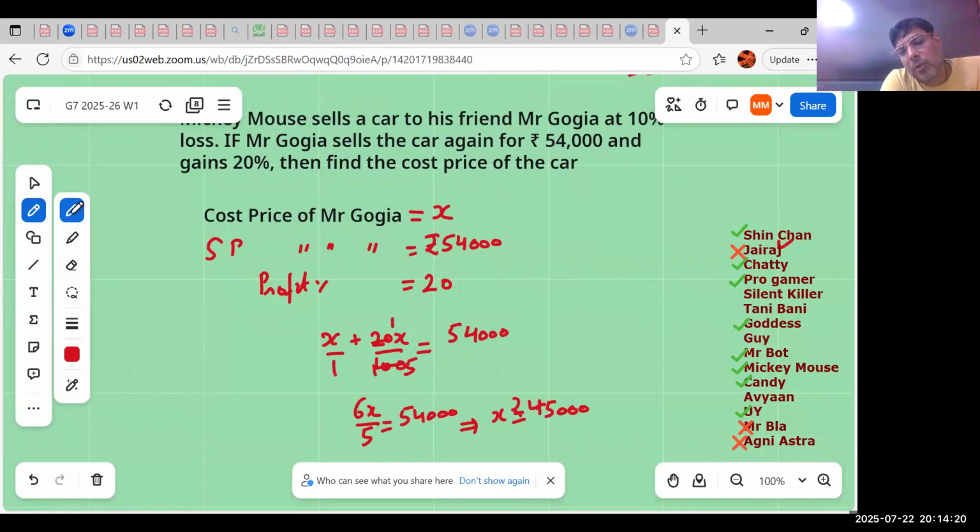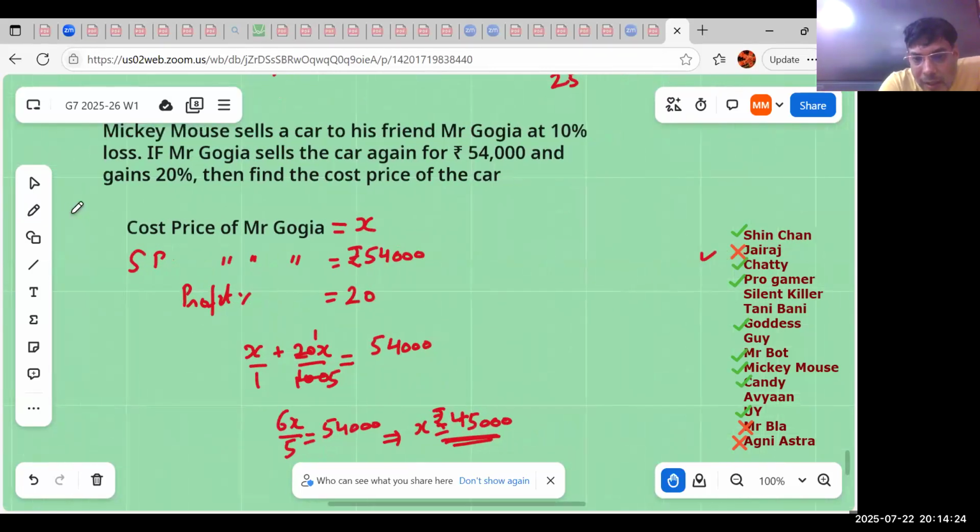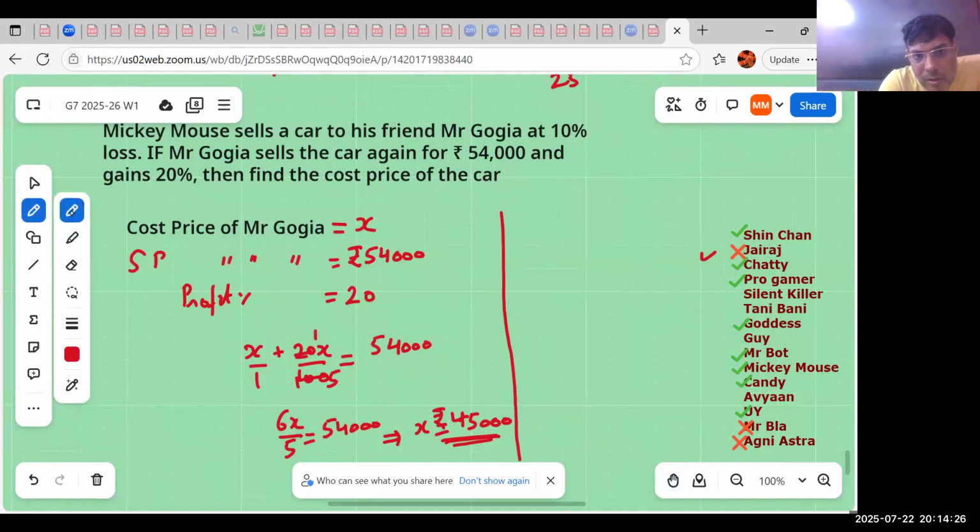So this 45,000 is what? The cost price of Mr. Gogia. It is also the selling price of Mickey Mouse. Do we agree? Because the price of the car, 45,000, was the price at which Mickey Mouse sold and Mr. Gogia purchased.